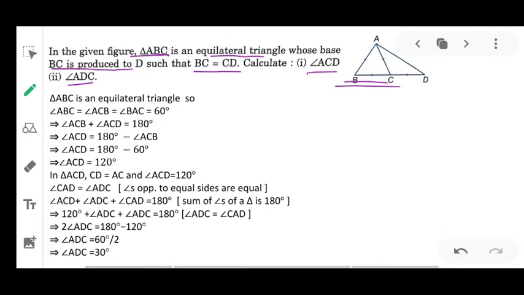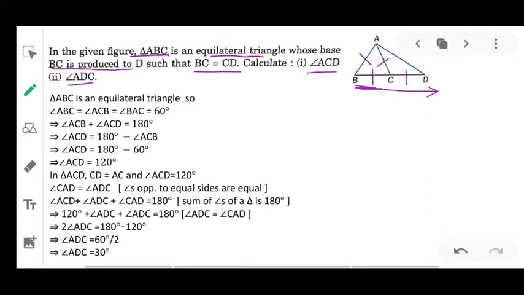As you can see in the figure, ABC is an equilateral triangle. That means AB equals BC equals AC. Then BC is produced to D such that BC equals CD. So AB equals BC equals AC equals CD also.